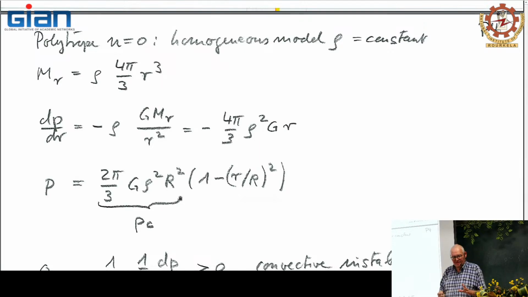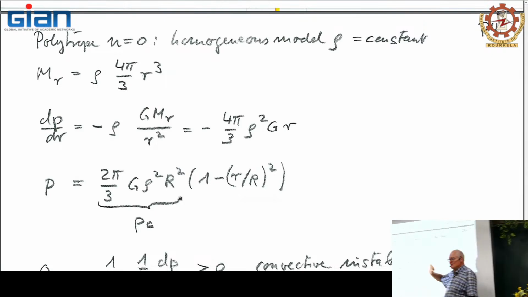Homogeneous means that the density is constant with respect to spatial dependence, so the gradient of the density is equal to 0. Incompressible means that if we compress our star, the divergence of the velocity is 0, or that the density doesn't change when we compress it. This does not mean that the stellar model is homogeneous, and vice versa.